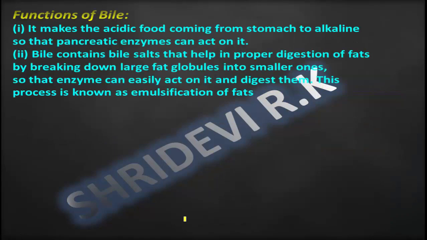Then moving to next one, functions of bile. What are the functions carried out by the bile juice? It makes the acidic food coming from stomach alkaline so that pancreatic enzymes can act on it.